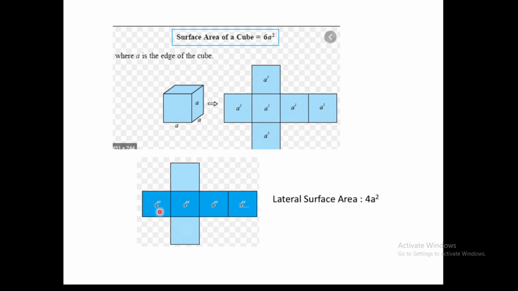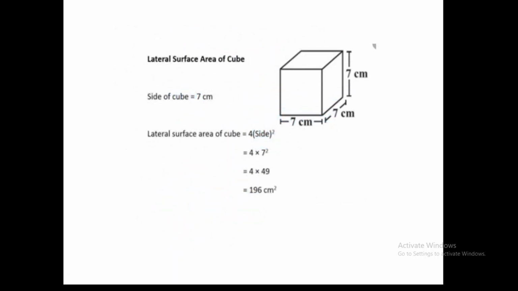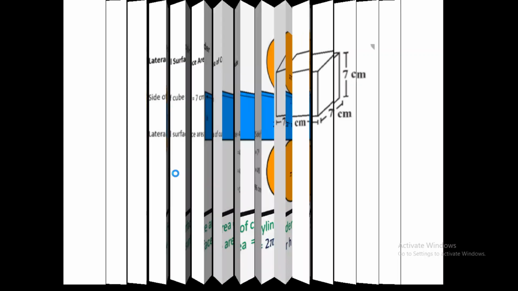For lateral surface area, we take 4 faces, so lateral surface area is 4A square. That is easy. So we do a question for the lateral surface area of a cube. All the edges are given as 7 centimeter, so lateral surface area is 4 into side square, 4 into 49, 196 centimeter square.